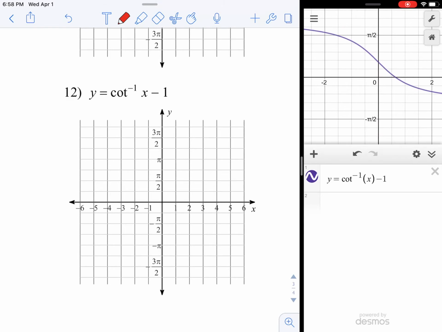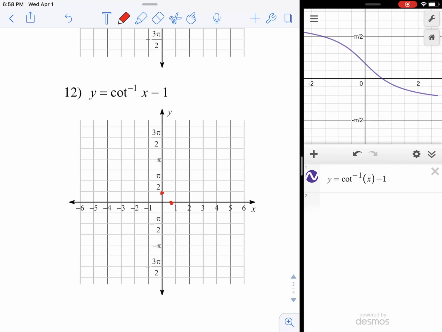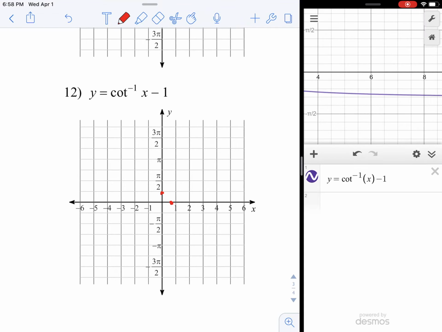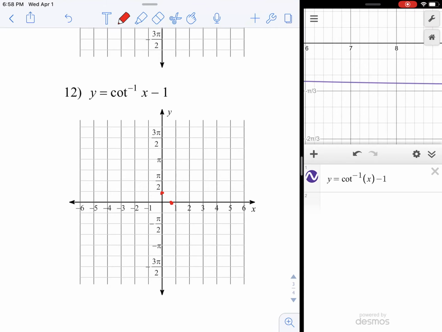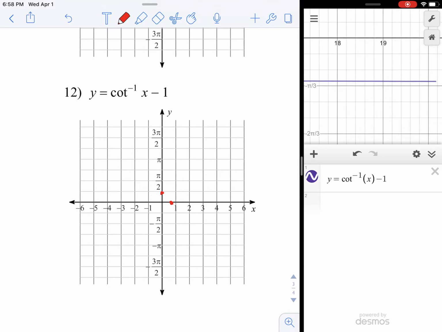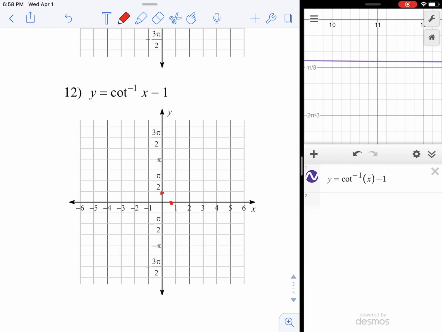So it's about halfway between pi over 2 and 0 is that point right there. 0.6 would be right around there. Can I get some idea of what that asymptote is? What is that line? Negative pi over 3, is that right? That's kind of weird. Yeah, we'll just ballpark it as being right around here.